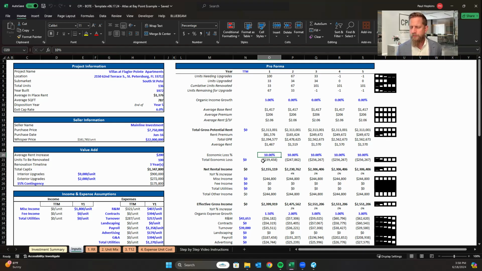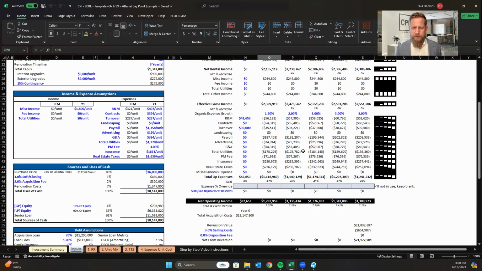But a good rule of thumb is just starting with 10. 10% economic loss is a good way to kind of build some buffer in there, sandbag it, as I say. And that way, if you really needed to, you can really fine tune this number as well.